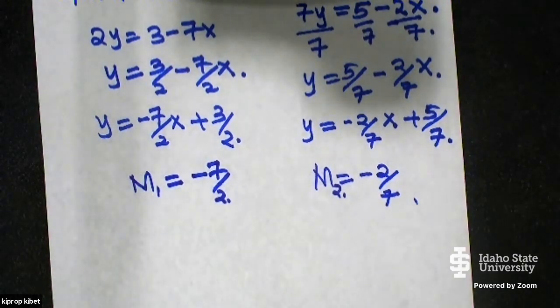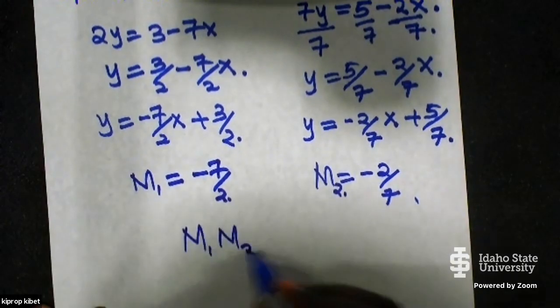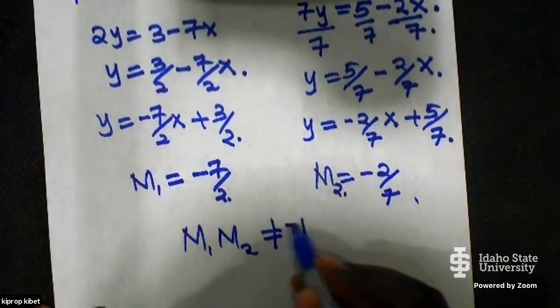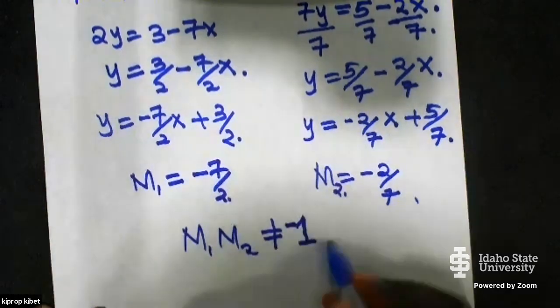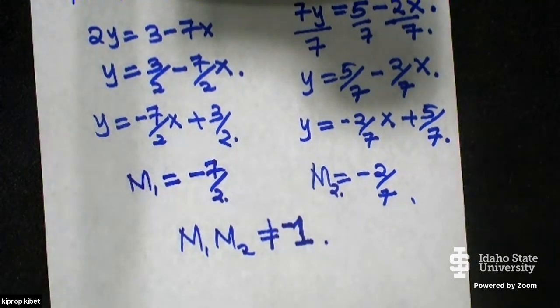No, because m1 times m2 is not equal to -1. Here, m1 times m2 is equal to 1, because when you multiply a negative and a negative, you get a positive. So that is not giving us a perpendicular line.